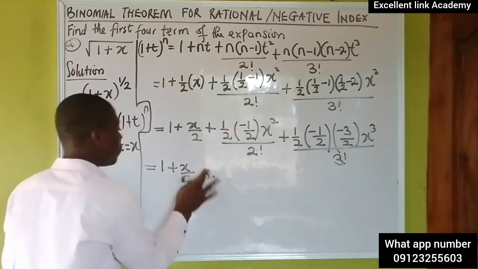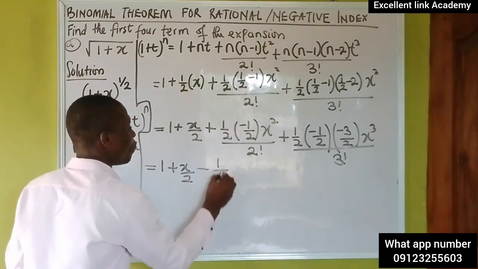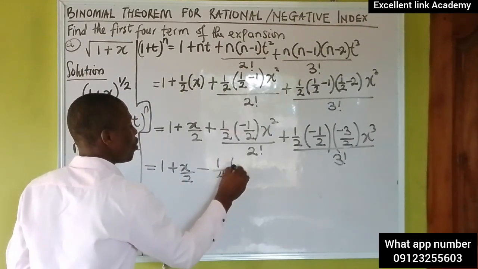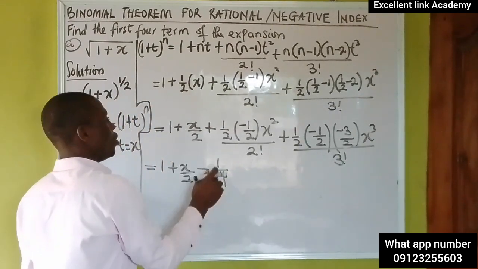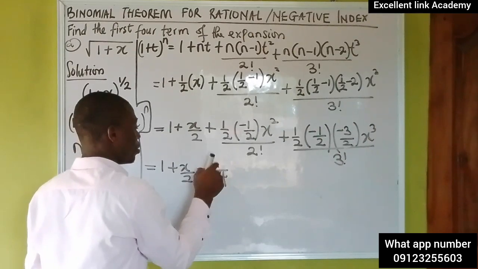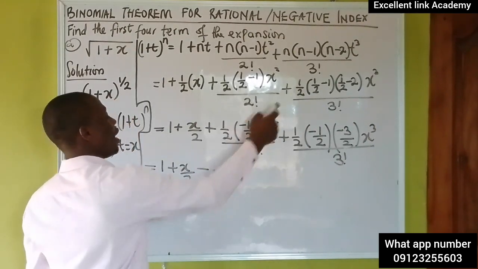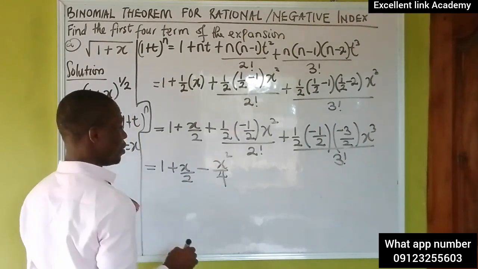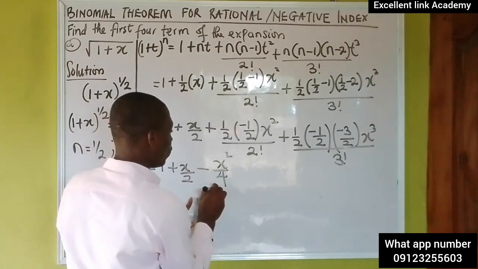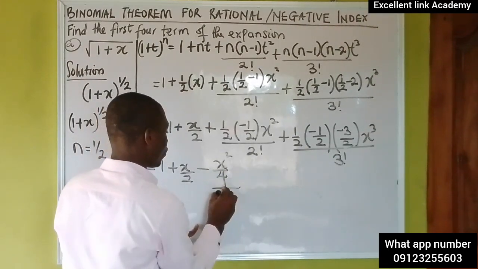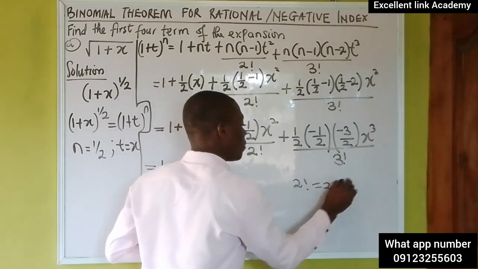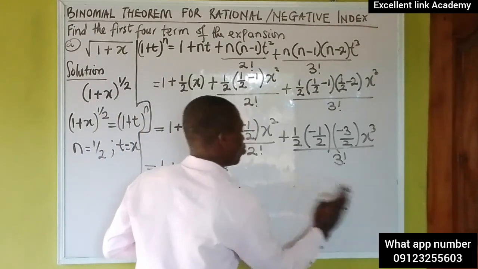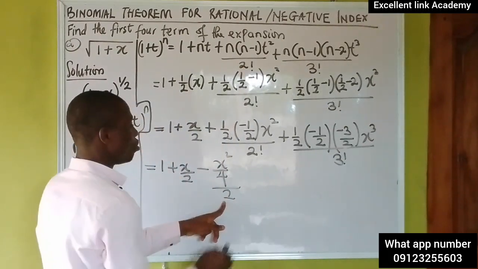So I will have minus 1 over 4 into x squared. 1 multiplied by x squared becomes x squared, so over 2 factorial. 2 factorial is 2 because 2 factorial is equal to 2 times 1, which is 2.